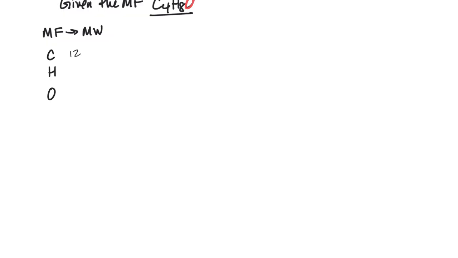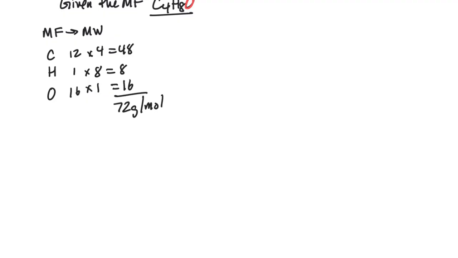We use the nominal atomic masses times the proportions. And when we add these together now, we'll find that we get 72 grams per mole as the molecular weight.